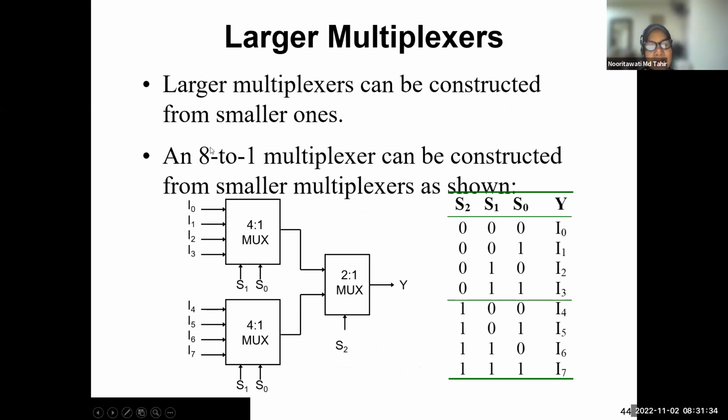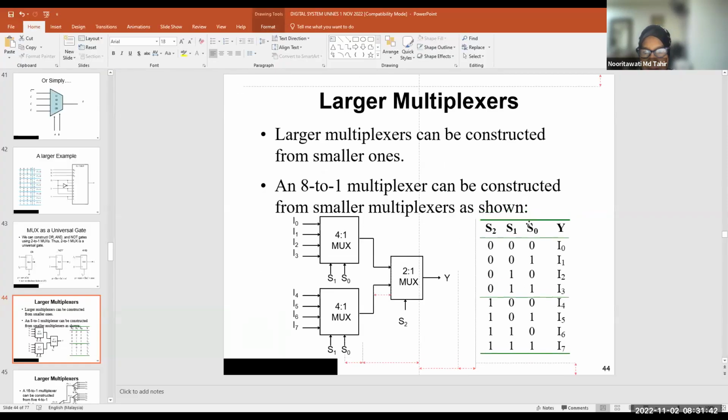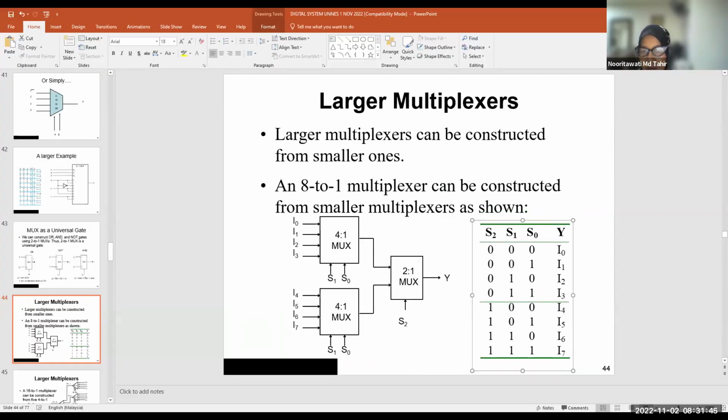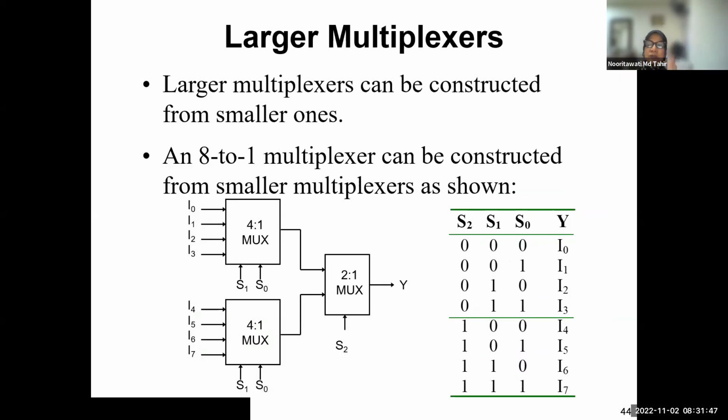So, if we want to actually implement 8-to-1 multiplexer using 4-to-1 multiplexer, this is the way actually. Di mana, of course we need two 4-to-1 multiplexer because they ada 8 inputs kan. So that settle this part.